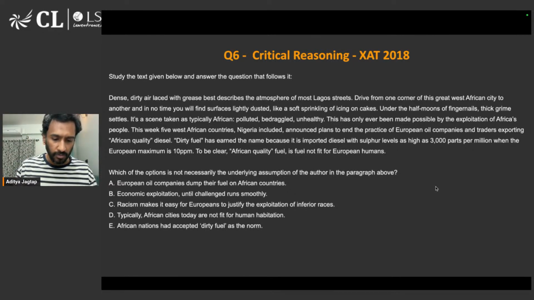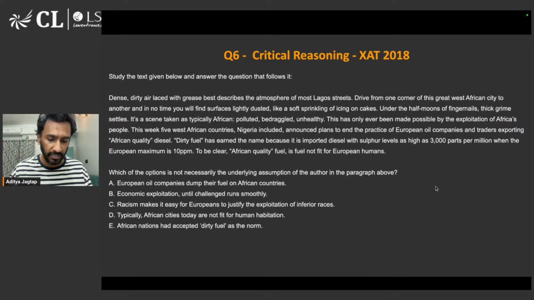We are told about how there are dense roads in Lagos, and the air is full of trees, and it's a great West African city, and you'll find everything has dust like icing on the cakes. There's thick grime everywhere. It's polluted, bedraggled, unhealthy. This has only been made possible by the exploitation of Africa's people. So clearly, the author is saying African people have been exploited.